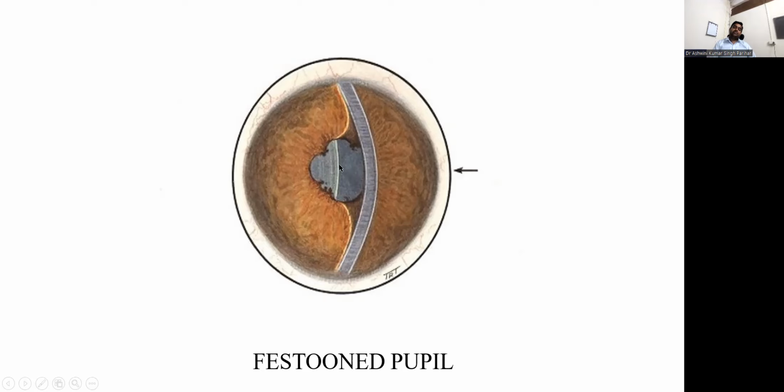So whenever we put the dilating drop, the normal portion of the iris will dilate, but the stuck part, which is the iridolenticular adhesion part, won't dilate. So the pupil will be irregular. You can see on the diagram it's like ballooning in between the pupil. This kind of irregular pupil is known as the festoon pupil.